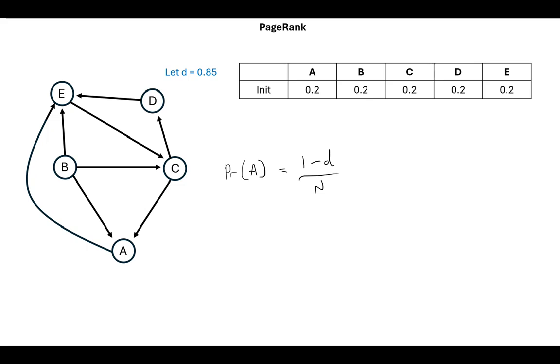He may also get to A from another page, from a link on that page. The probability of this happening is 0.85. This is applied to all possible links. So which other pages link to A?